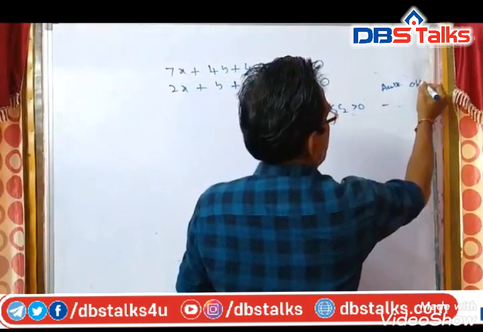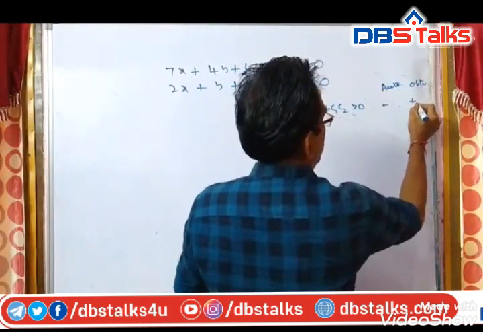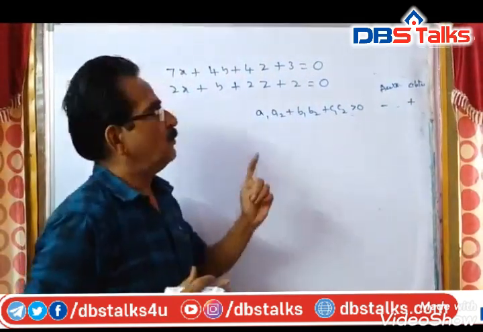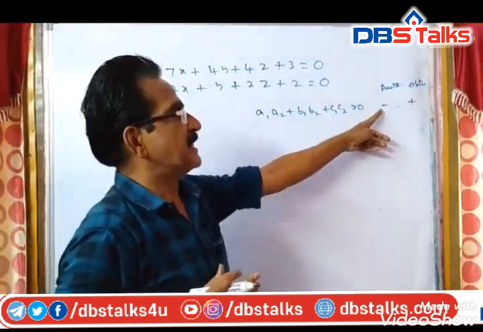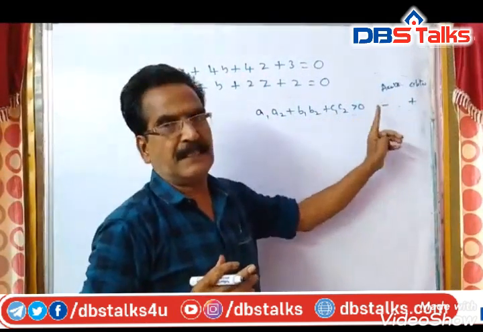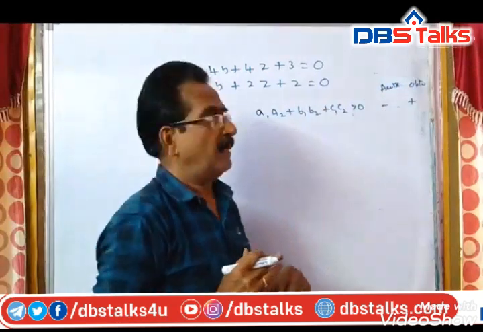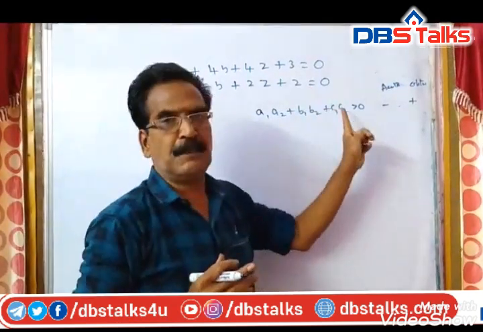For the obtuse angle bisector, we have to take plus, because we have plus or minus.